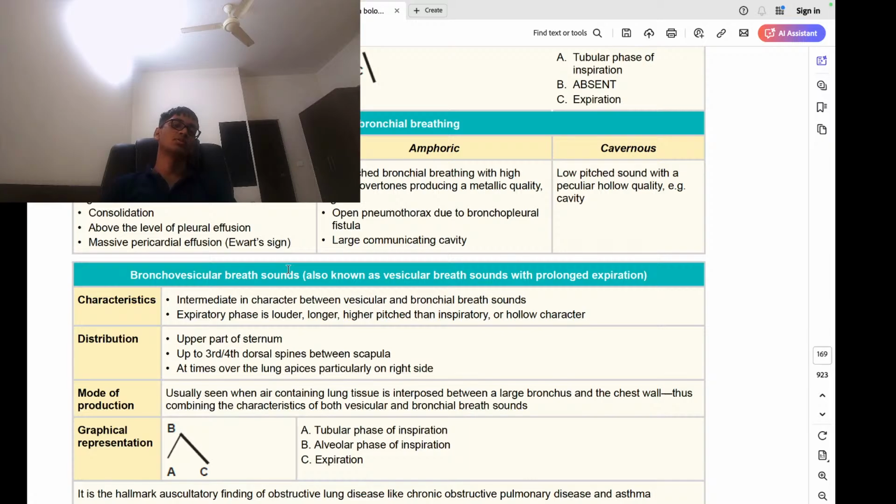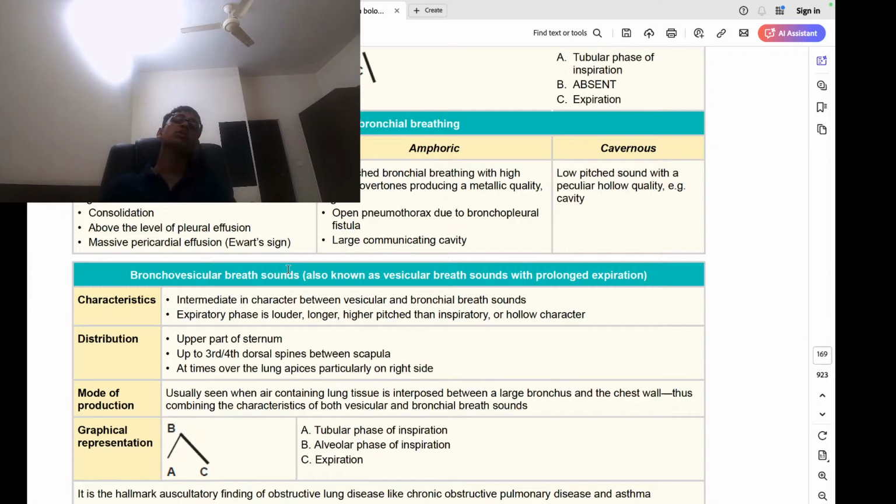Tubular is high pitched; amphoric is low pitched with high pitched overtones, a metallic quality. Then cavernous is a low pitch sound with a hollow quality. Example, a cavity.